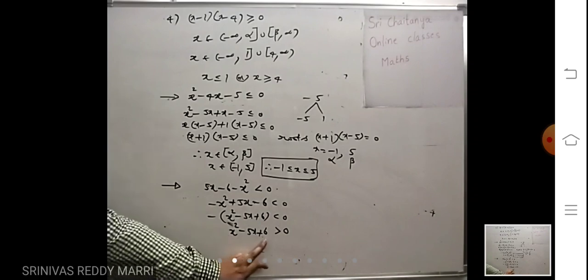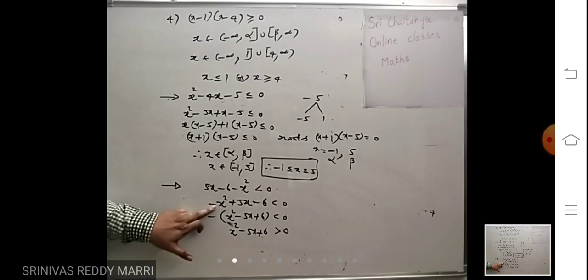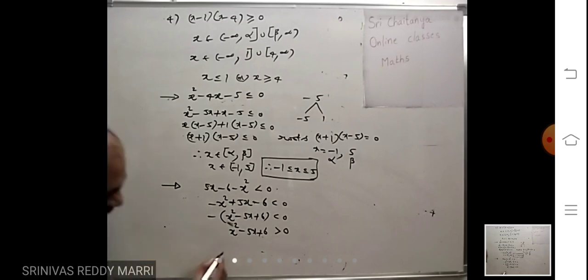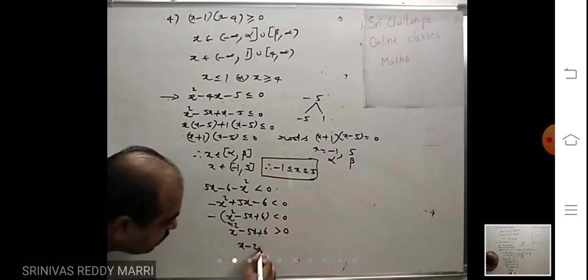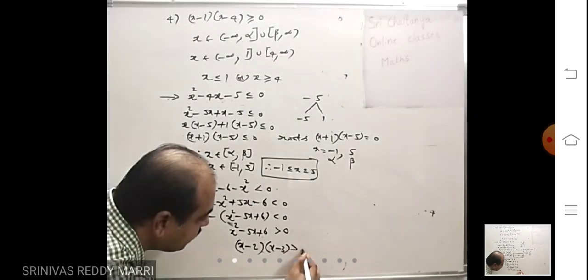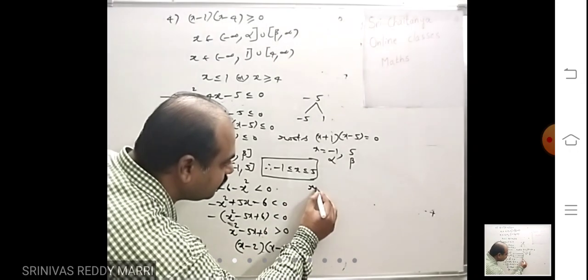Now you factorize this one. Now I have first made x square coefficient positive. I have taken minus common. So this x square coefficient will become positive. Now factorize. What are the factors? x minus 2 into x minus 3 greater than 0. You can factorize. x minus 2 into x minus 3 equal to 0. Then roots.